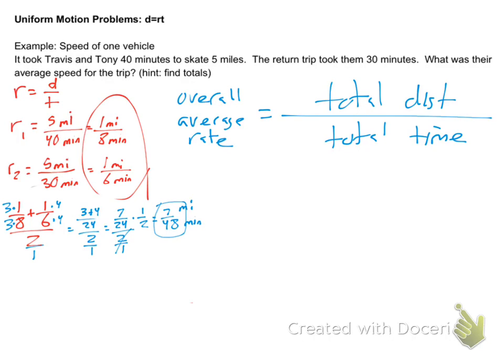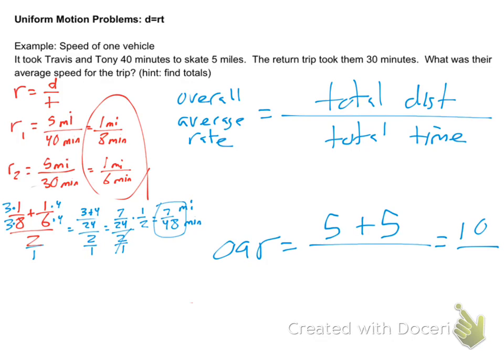So if my first trip on that car trip to Florida was 50 miles before I stopped, I'd take that one. The next one was 200, and then it was 300, and then add up all of those individual distances, and then add up all the individual times, divide them, and you have an answer. So the OAR, average rate, for this particular problem, how far do they go, guys? First trip, 5 miles. Second trip, 5 miles, which makes a total of 10.